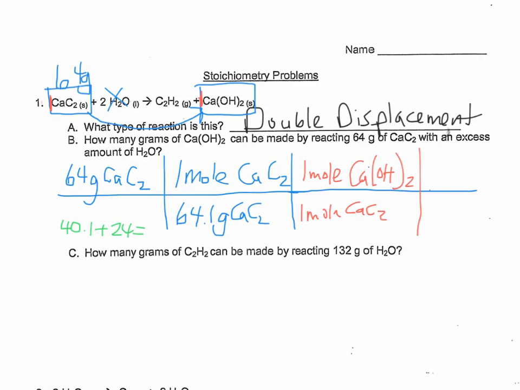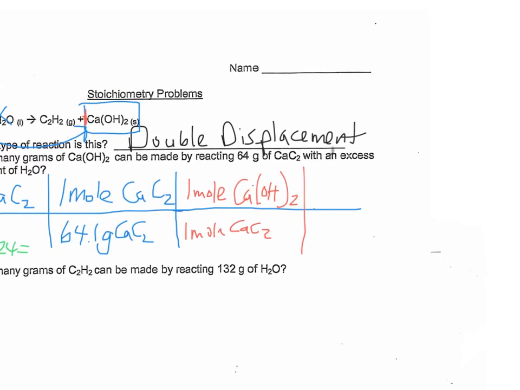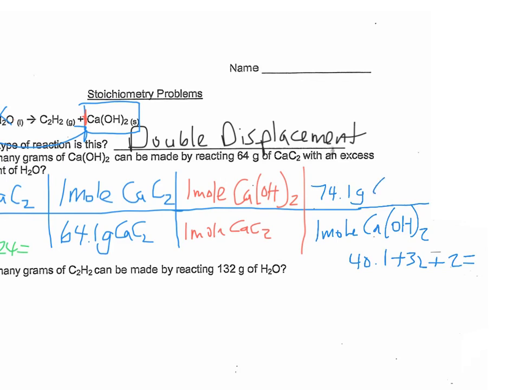My last step, you can see there's quite a few parts of this, but most of it should be review. My last step is going to be to go from moles of that CaOH, so 1 mole of CaOH, again, review. I have to add this up. Calcium is 40.1, plus 2 oxygens is 32, plus 2 to give me my molar mass of 74.1 grams of CaOH2.